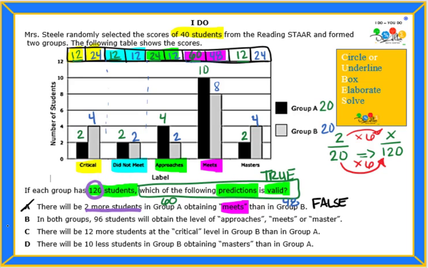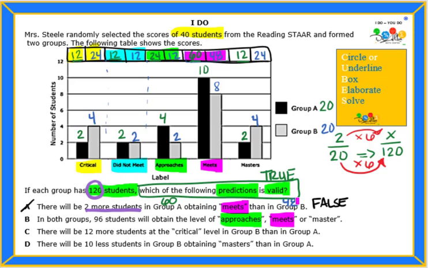Let's look at the second statement. In both groups, 96 students will obtain the level of approaches, meets, or masters. So we have approaches, meets, and masters, which we left clear.